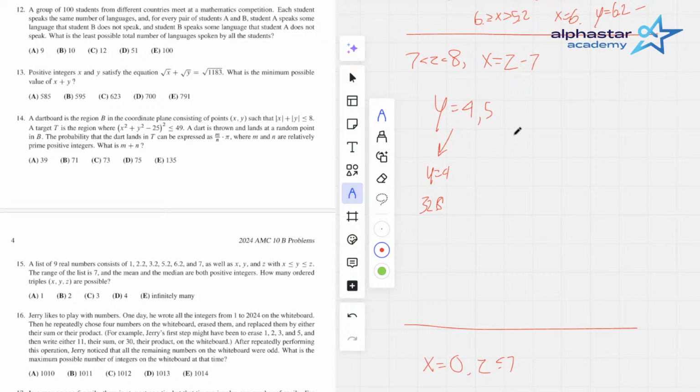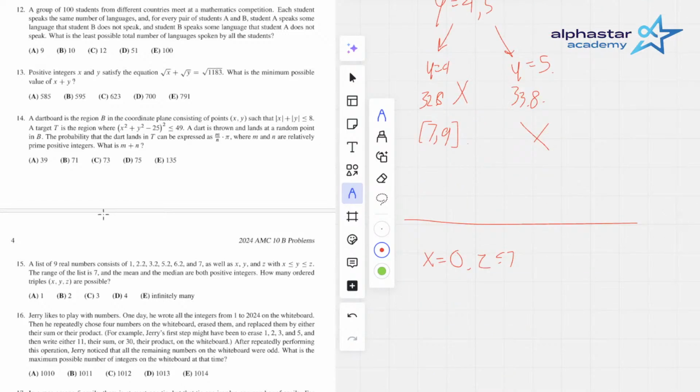In this case, x plus z would have to be strictly between 7 and 9. So in this case, let's see, 45. Yeah, so that's not possible. And then y equals 5, I think, is also not good for a similar reason. Because the sum has to be between 7 and 9, that doesn't give enough room. So I don't think there's any cases here.